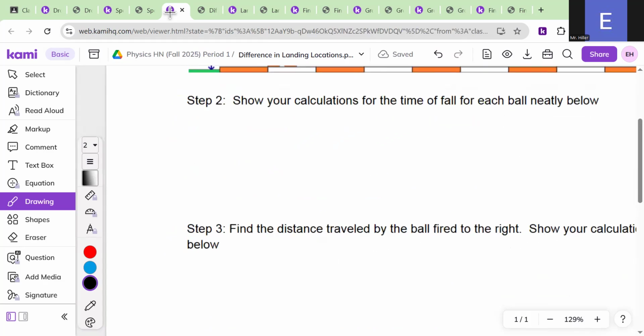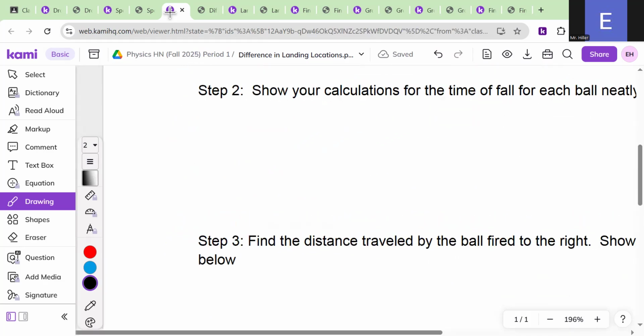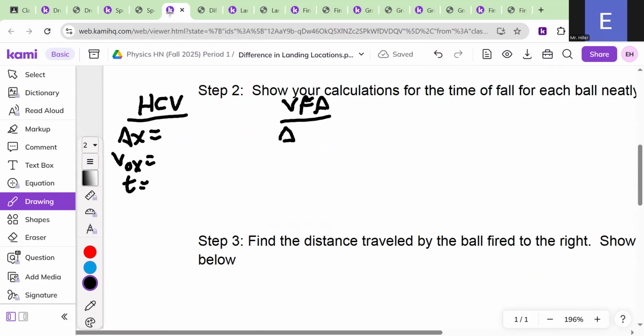Okay, so we're going to make our two lists. Horizontal constant velocity is delta x. Okay, it's going to be V naught x, and it's going to be time. And then you have vertical free fall acceleration, which would be delta y.